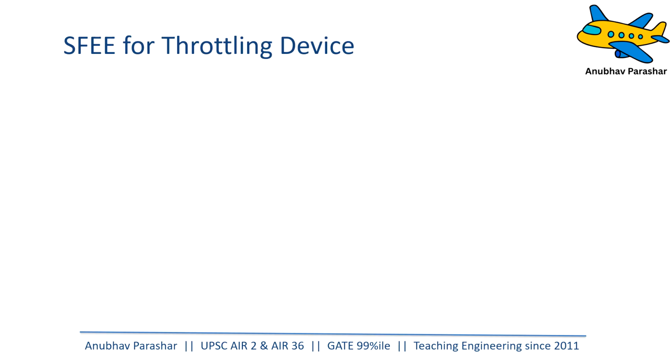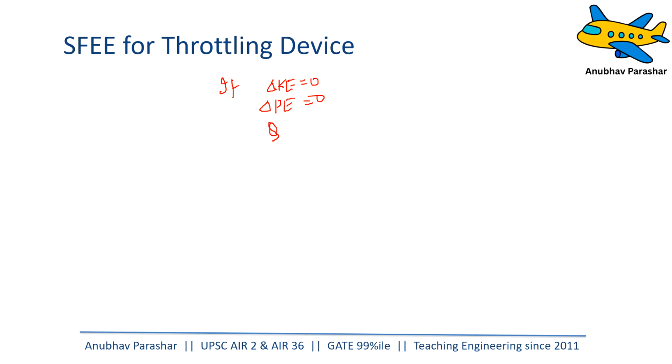So it's very simple for a throttling device. We don't need to write anything else. There will be no change in kinetic energy, considering that kinetic energy change is equal to 0, potential energy change is equal to 0, and there is no heat transfer, so I'll make it 0.